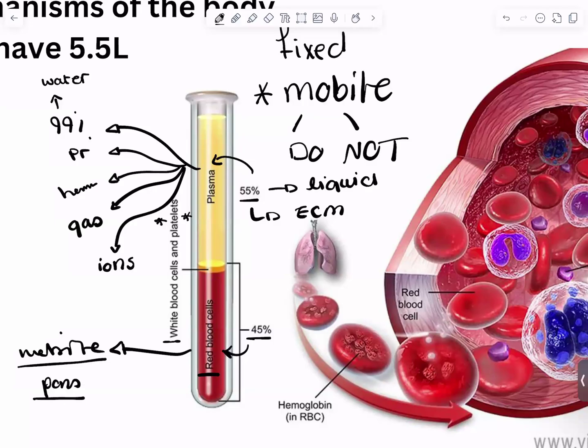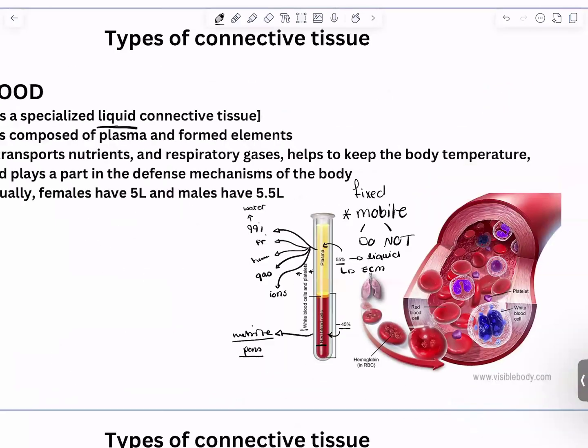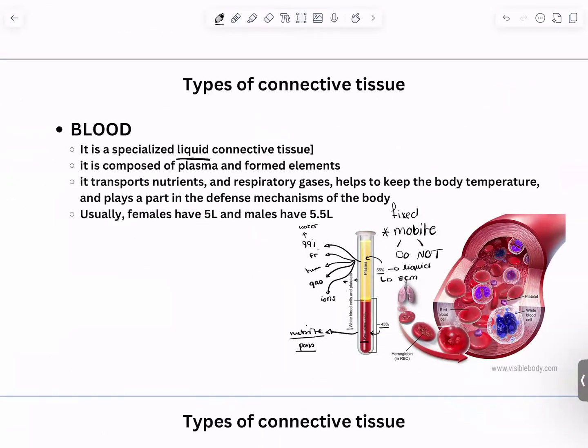For example, red blood cells are responsible to transport the gases. So this is the blood. And blood is liquid, as we mentioned. It's composed of plasma and formed elements. It means the type of cells. We have white blood cells, red blood cells, and platelets.